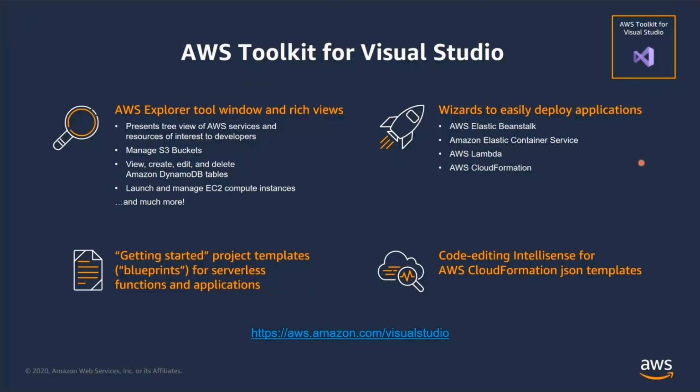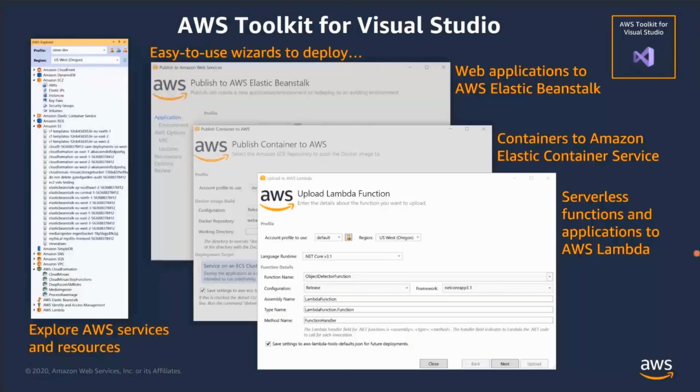And then we have code editing IntelliSense for CloudFormation when you're building the JSON templates. And again, you'll see a URL at the bottom if you want more information about any of these products. And for the toolkit, you can deploy 3 options. You can deploy to Elastic Beanstalk, you can publish your container to AWS, and you can upload your Lambda function.